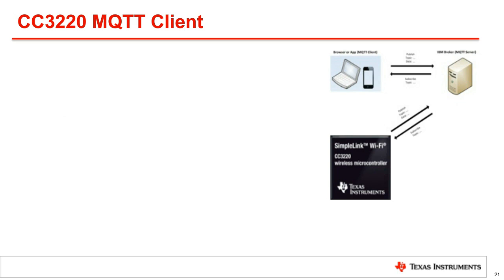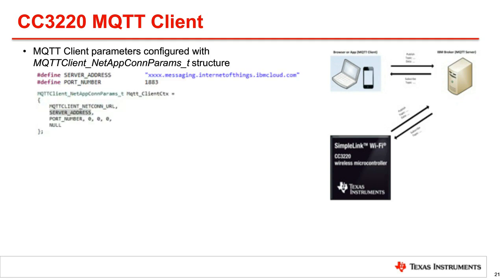In fact, we provide an example of connecting to IBM's demo server as part of the SDK as well. However, connecting to a custom MQTT host using the library requires only updating a few key parameters used by the library. For example, a user can quickly update the address of the server they connect to and set the port number that they connect on in the MQTT client NetApp connection parameters structure.